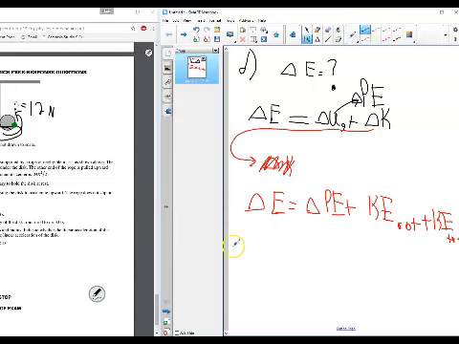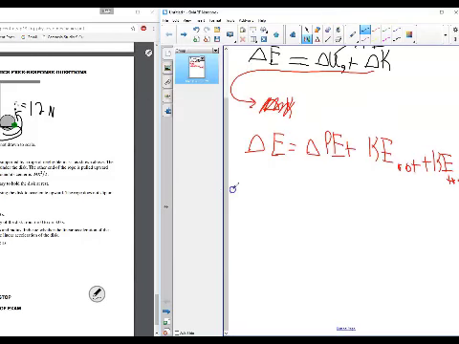So now we just need to simplify things. What do I mean? Well, delta E, I'm just going to put an equal sign. So we have MGH, plus 1/2 mv squared, and we're looking at delta V, but note that we're starting from rest.